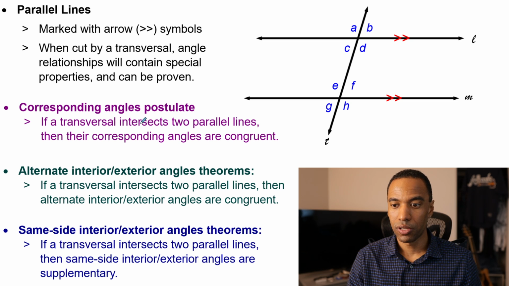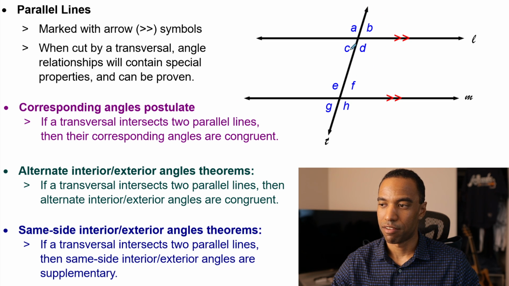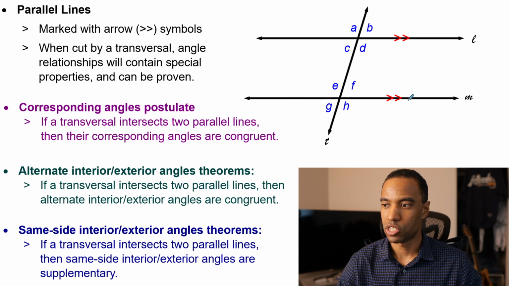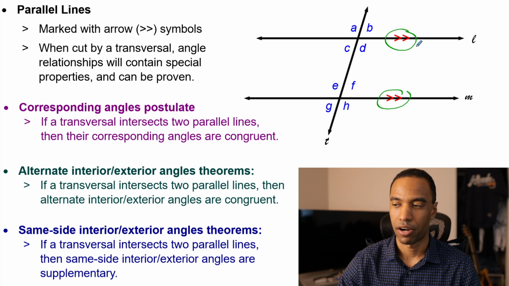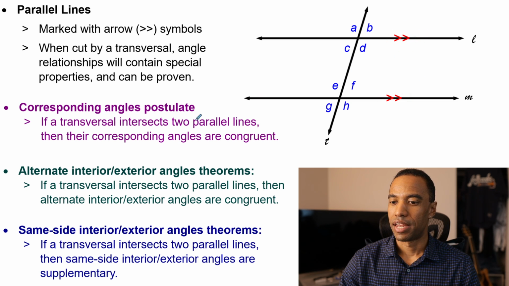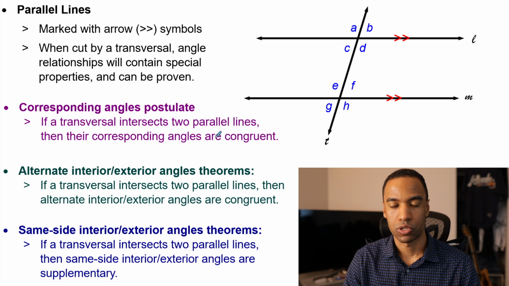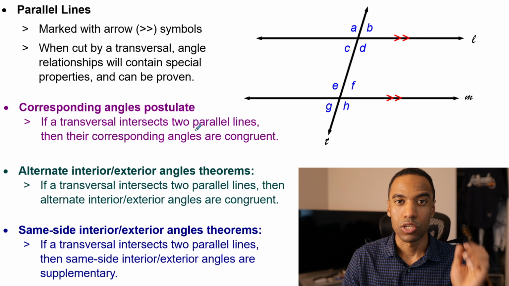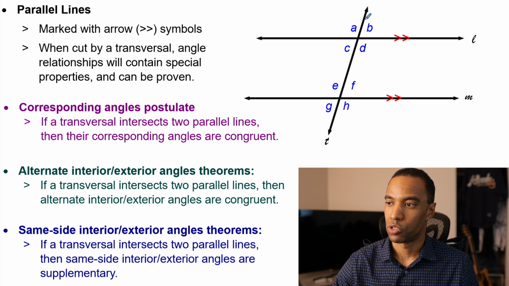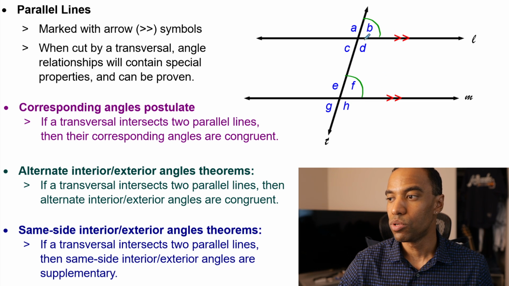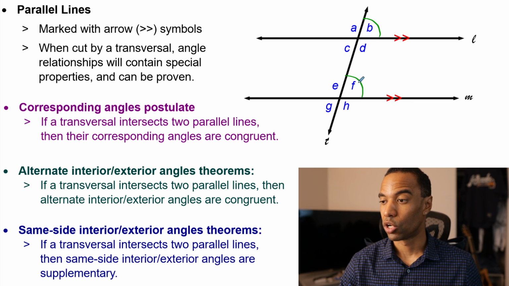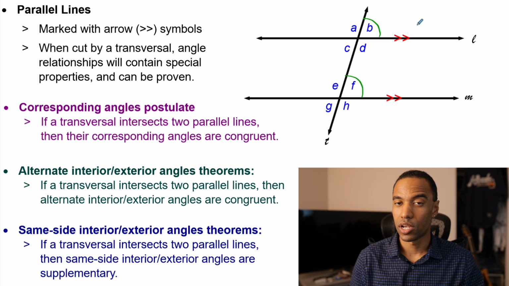If a transversal intersects two parallel lines, if T intersects these two lines that are parallel, by the way, these arrows are signifying parallel lines here, then their corresponding angles are congruent. So hey guys, what's an example of corresponding angles? Remember B and F? These are corresponding angles right here. Did you know that when these lines are parallel, the corresponding angles are congruent to each other?